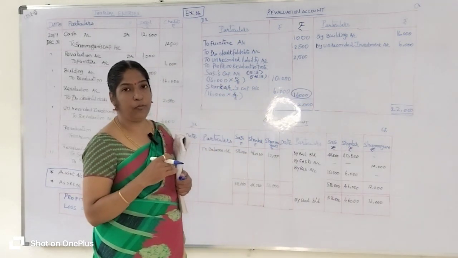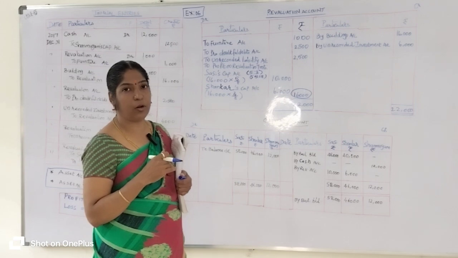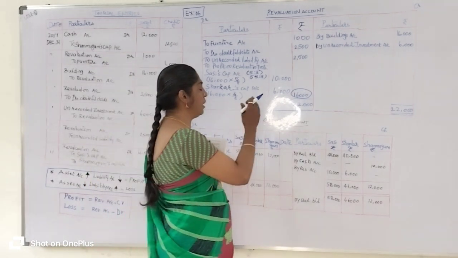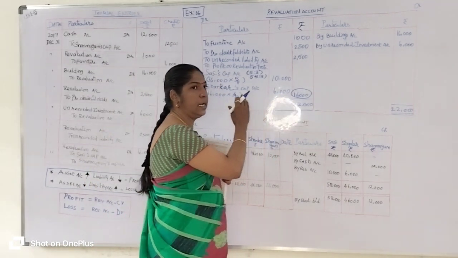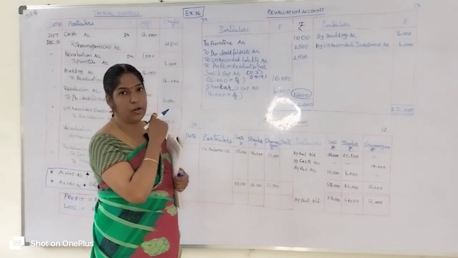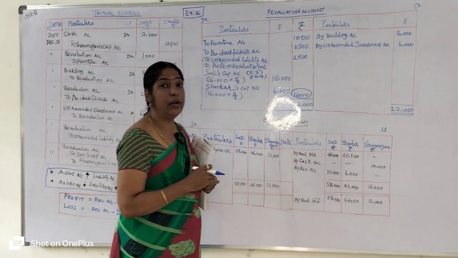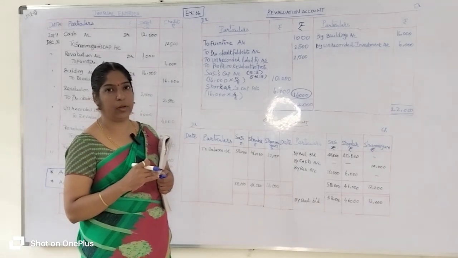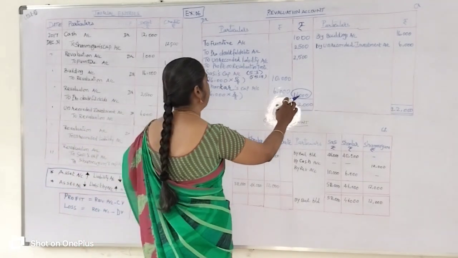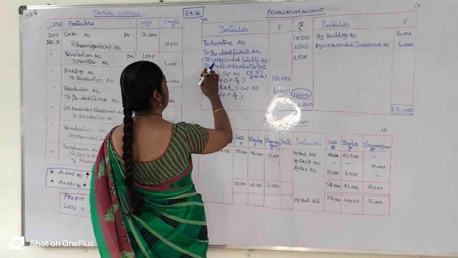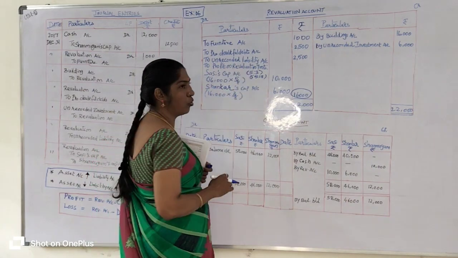This is called profit on revaluation account. If you get the balance on credit side, that is called loss on revaluation account. So you are going to write against this 16,000, 'To profit on revaluation account'.